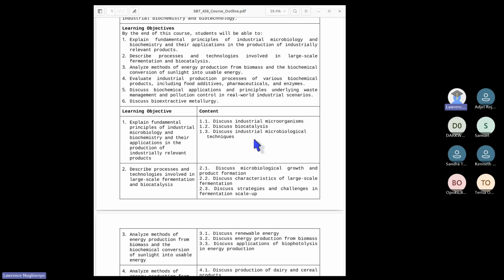That would be in different industries. It can be the food industry, food and beverage, like breweries, bakery. It can be the pharmaceutical industry. So we'll look at these things, and even at manufacturing, leather, textiles, things like that.